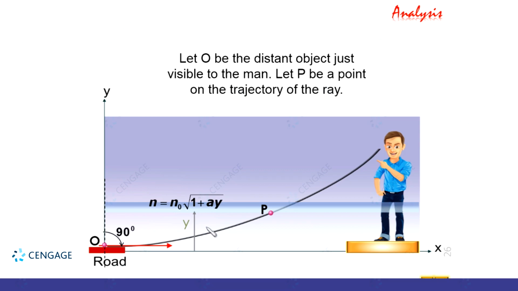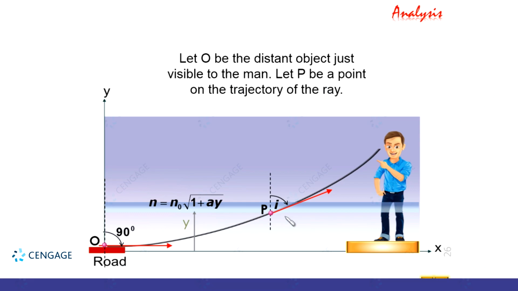This is 90 degrees. Similarly, now come to point P, we can draw the tangent like this, and we can again draw the normal through this point, because this layer is horizontal. That means normal at this point should be vertical. Let us call this angle theta i, that's the angle of incidence.